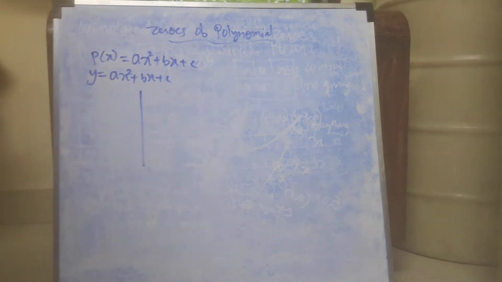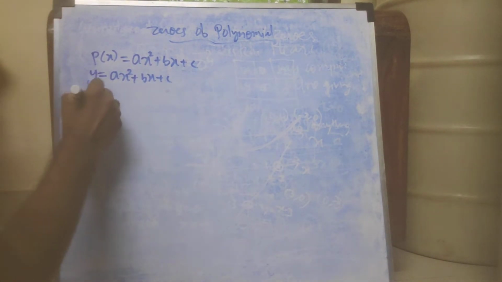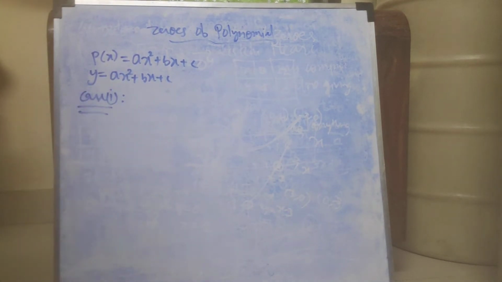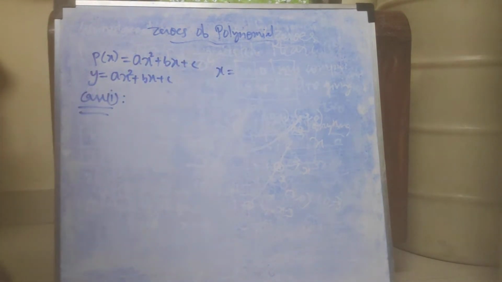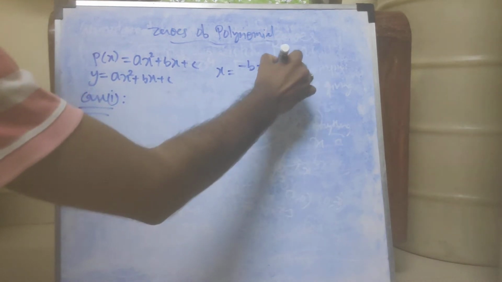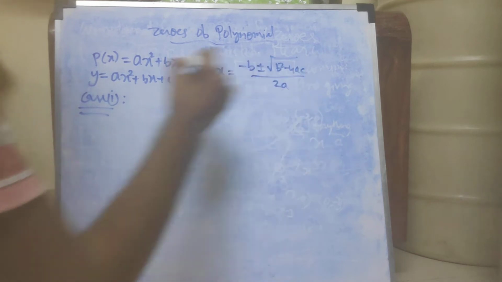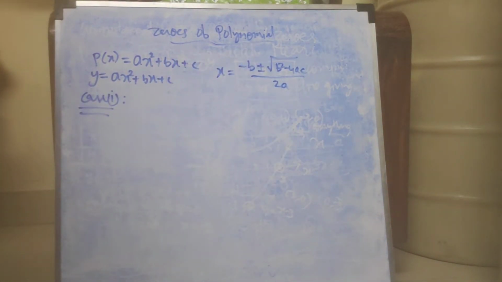So for example, there are three cases. Generally, the zero of polynomial is given by minus b plus or minus root of b square minus 4ac, divided by 2a. This is the solution for a quadratic equation. Don't get scared by seeing this big equation.